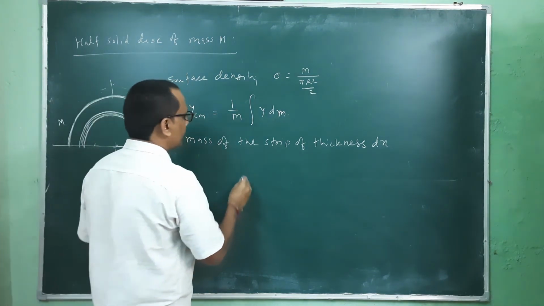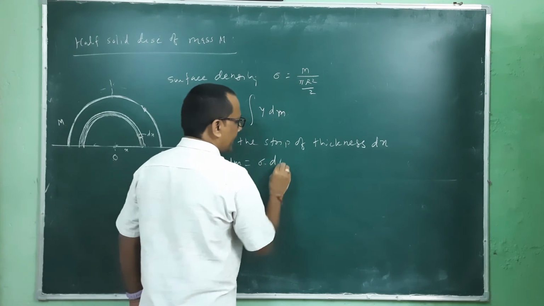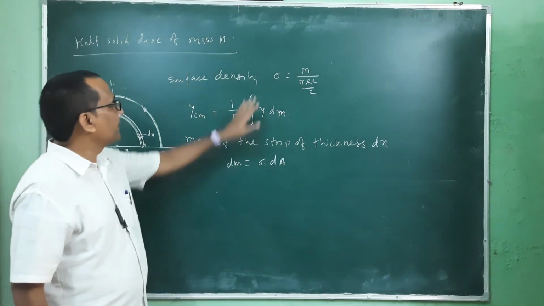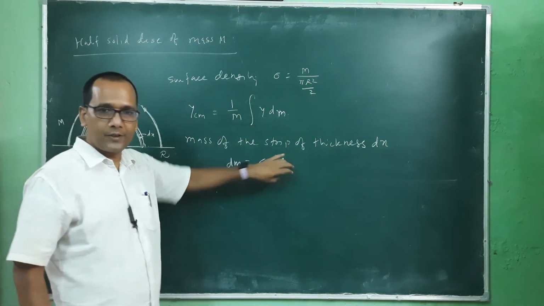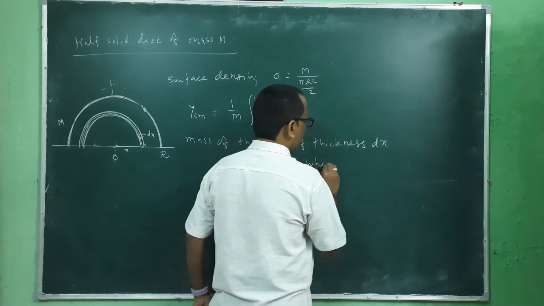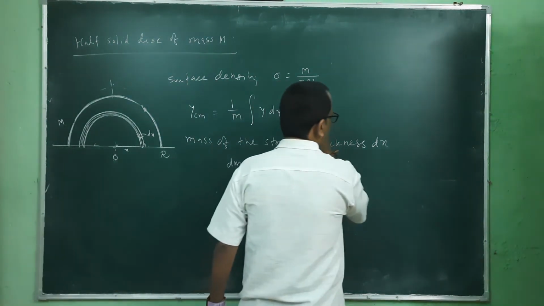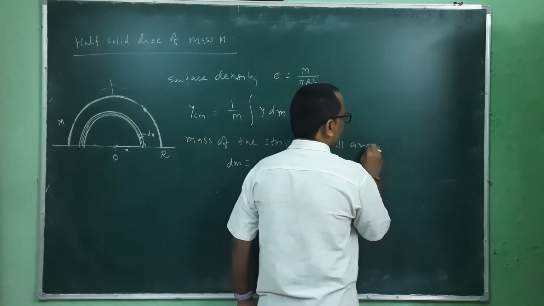So this is equal to dm is equal to sigma multiplied by dA. Sigma, this is surface density, multiplied by area of that strip. Where I should write mass of a small area dA.